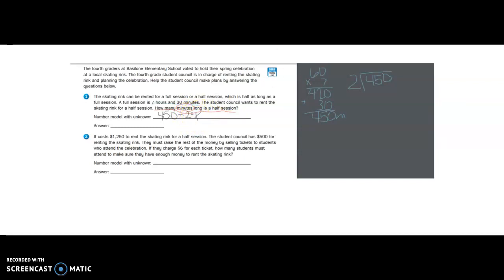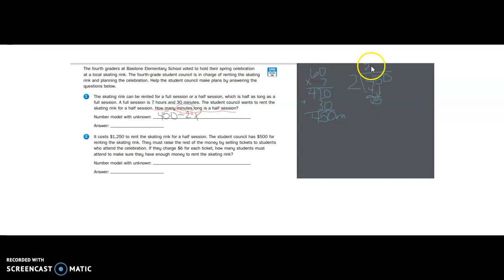So when I do the math to figure out 450 divided by 2, I know 2 goes into 4 twice. So I'll subtract 2 times 2, which is 4. That's a 0, because 4 minus 4 equals 0.